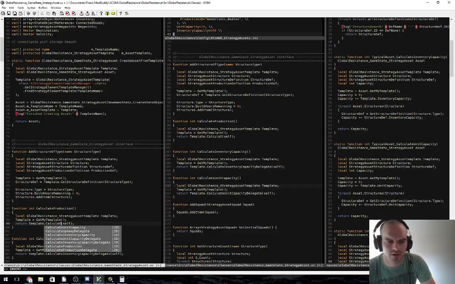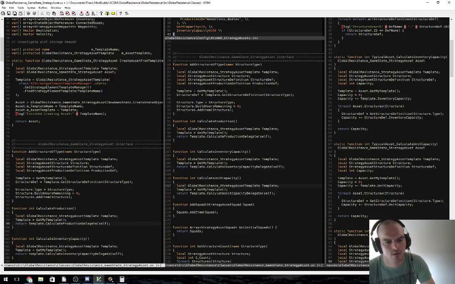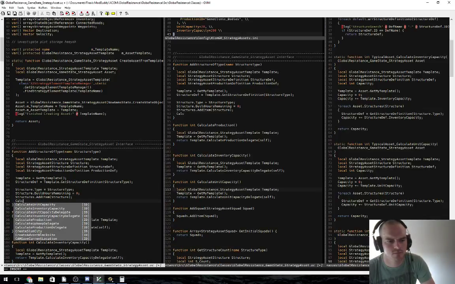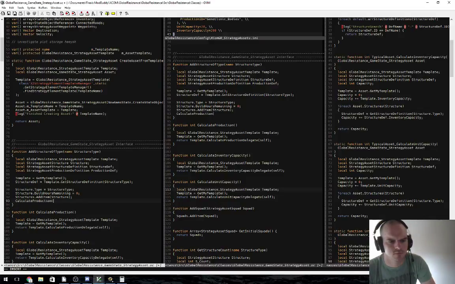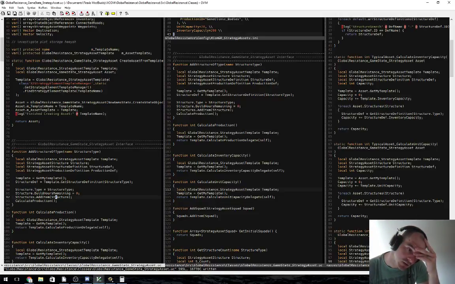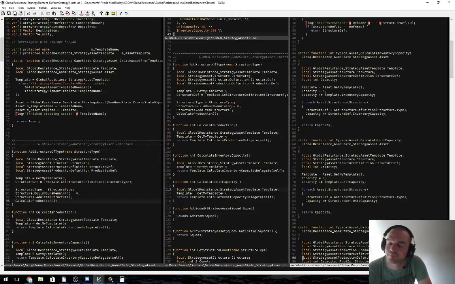Calculate production capacity delegate. Hopefully that should update, because it's mutable unlike a struct, I believe. We shall see soon enough.